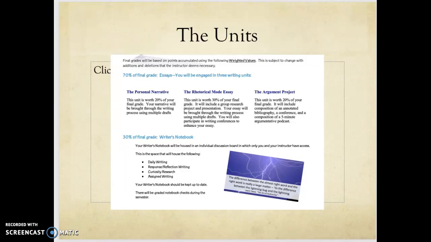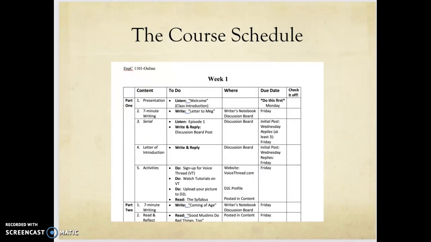The next thing I want to show you is the course schedule. This may have changed a little bit between when I actually prepared this presentation and the final product. I'm still kind of tweaking it a little bit, but for the most part, this is what you will be seeing when you print it out yourself. Notice that there are two parts.